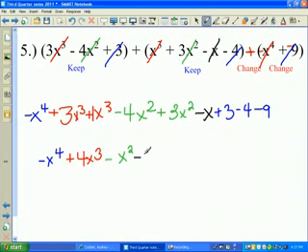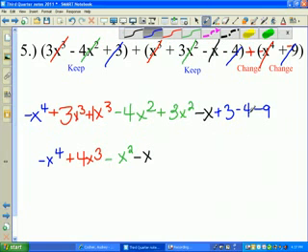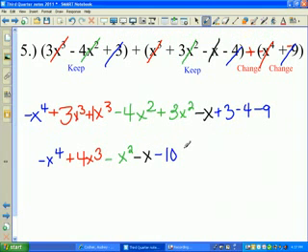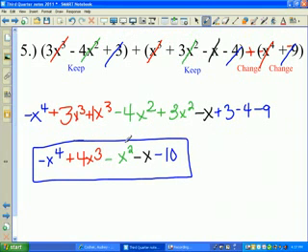Minus x. That's the only x that we have up there. And then 3 minus 4 will give me a negative 1. Negative 1 minus 9 will give me a negative 10. So my solution is a negative x to the fourth plus 4x cubed minus x squared minus x minus 10. I know it seems like a lot, but remember, go through it step by step and you'll be just fine.